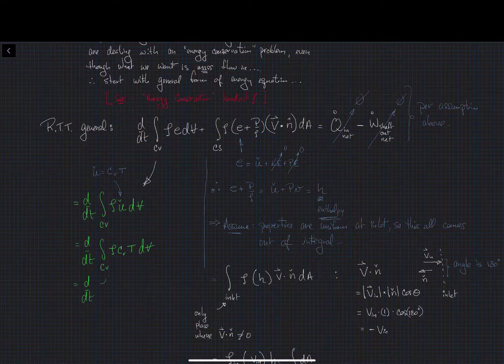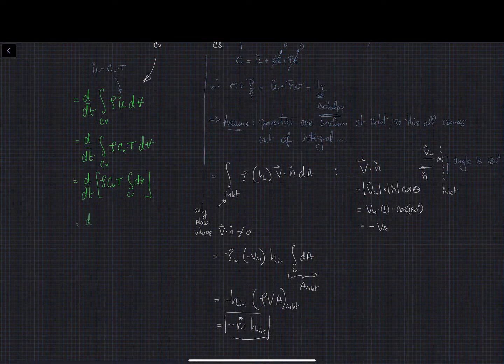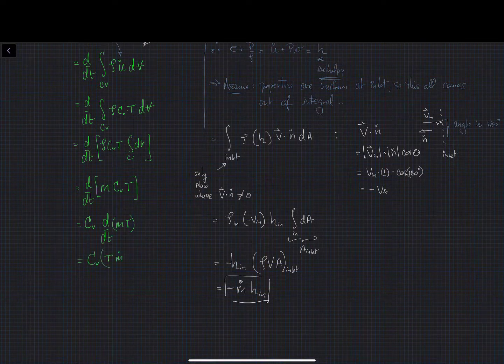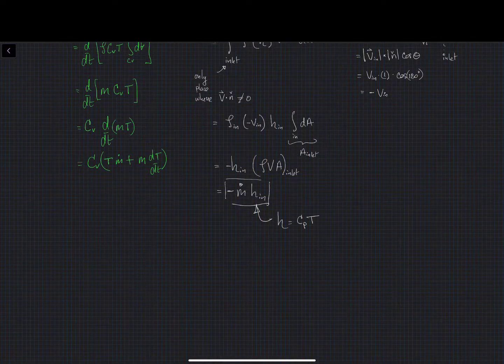And now I'm expanding the derivative of m times T. The mass and the temperature are changing inside the tank, of course. But they are uniform based on my assumption, so I can now apply the chain rule to mT as I'm taking the derivative, and that's what I've done here. The derivative of m with respect to time is simply m dot.